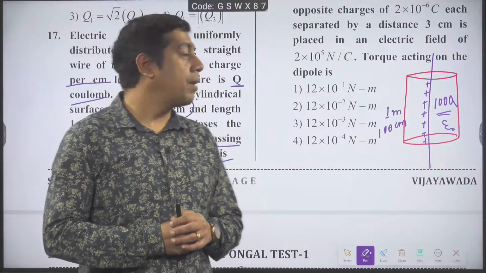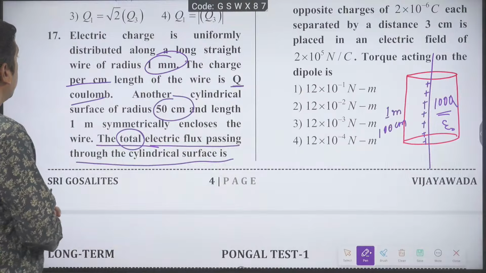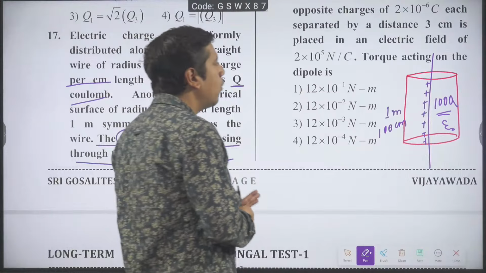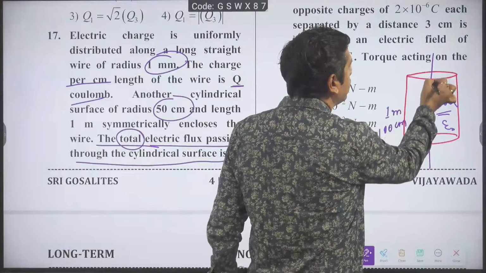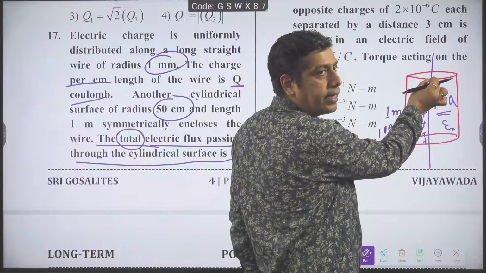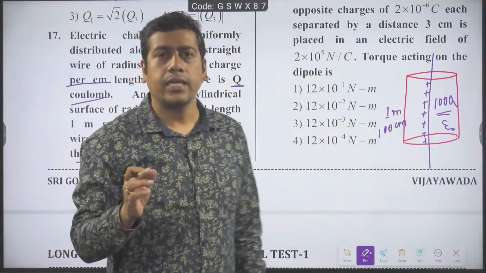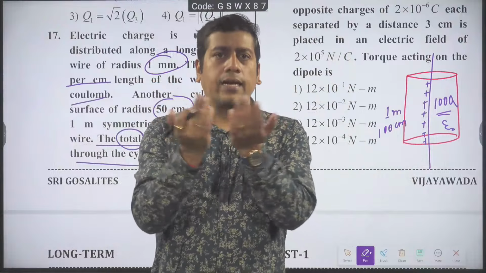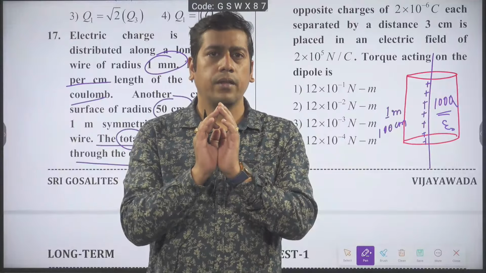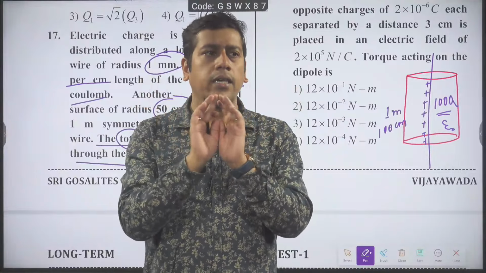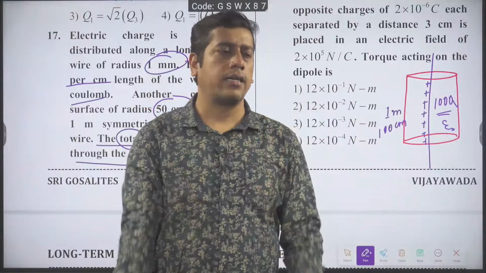But it is 1 mm. What does 1 mm mean? Its radius is 1 mm, and the cylinder radius is 50 centimeter. It is just saying the complete wire is inside the cylinder. Radius wise, thickness wise, the complete wire is inside the cylinder. That is what they are saying.